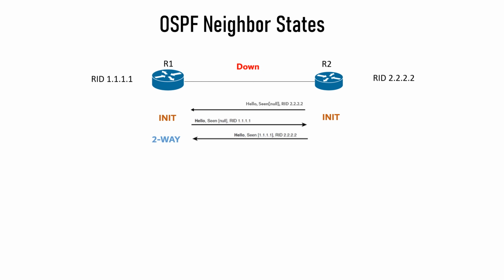Then it transitions to the two-way state. So the router has received its own router ID in the hello packet from the potential neighbor. That indicates that bidirectional communication is available. Here you can see both routers add the router ID in the seen section and transition themselves to the two-way state.